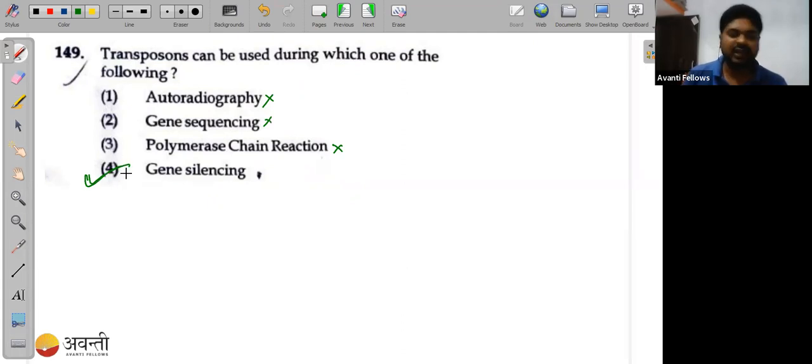So you have one method or we can say application in Biotech 2. ठीक है, बायोटेक सेकंड के अंदर एक एप्लीकेशन है और उसे हम कहते हैं RNA interference technique. So in case of RNA interference technique, we use the transposons. वहां पर हम transposons को use करते हैं for the gene silencing, and that's why option 4 is the correct one.